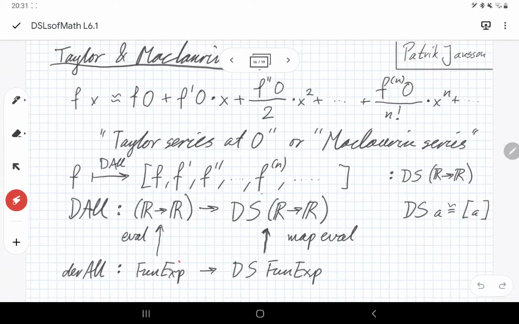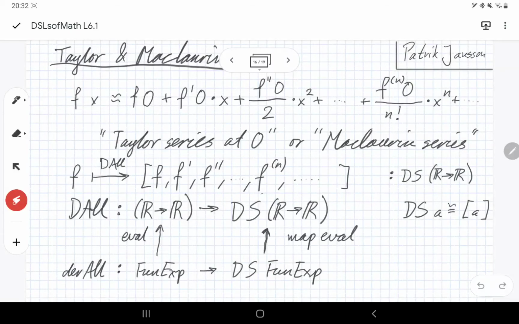So can we compute from one functional expression an infinite list of the expressions describing the function itself as a syntax tree, the syntax tree of its derivative, the syntax tree of the second derivative, and so on? Now it's clear that we can compute it, but the question is, can we compute it as a homomorphism? Because then we can do many of these transformations. We can also make a type class for it. We can compute it in an efficient way.